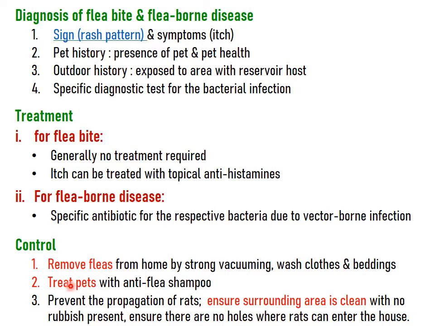If pets seem to be the source of your fleas, you need to remove the fleas from the pets by giving them an anti-flea shampoo. Again, if the flea is from rats, you have to make sure that the surrounding area is clean, so that there is no food and the habitat is not conducive for rats.